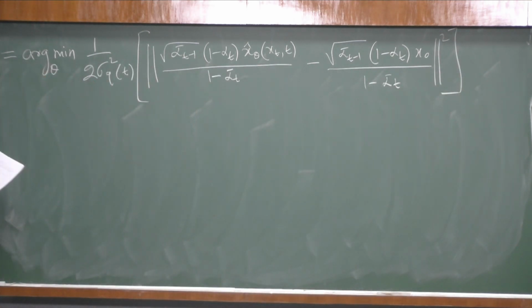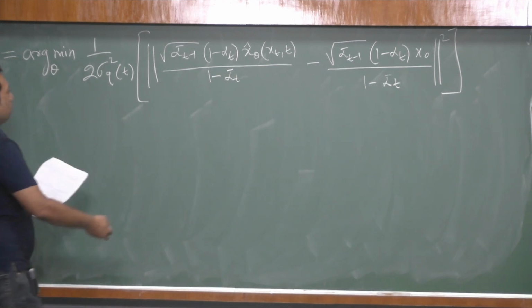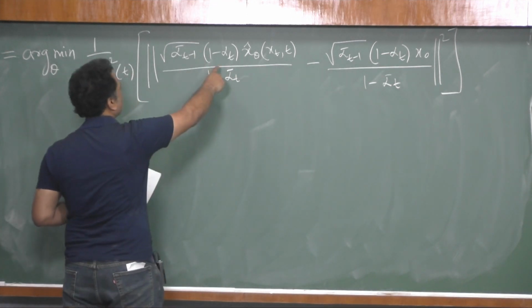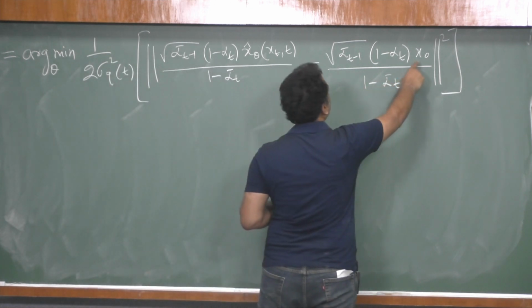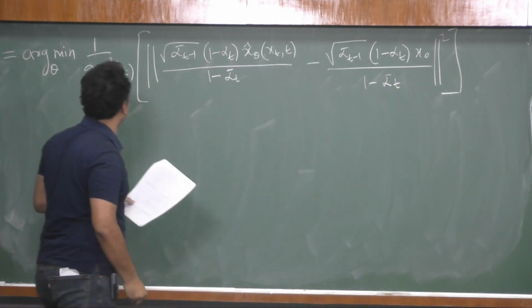As I said, the first term got cancelled, and now these terms are common: the coefficients before x hat theta and before x naught are the same, so we will take that common.